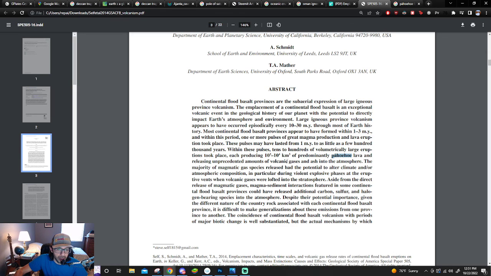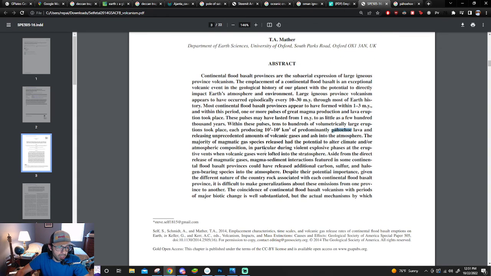Unprecedented amount of volcanic gases and ash into the atmosphere. The majority of magmatic gas species released had the potential to alter climate and/or atmospheric composition. In particular, during violent explosive phases at the eruptive vents, when volcanic gases were lofted into the stratosphere. Aside from the direct release of magmatic gases, magma sediment interactions featured in some continental flood basalt provinces could have released additional carbon, sulfur, and halogen bearing species into the atmosphere.